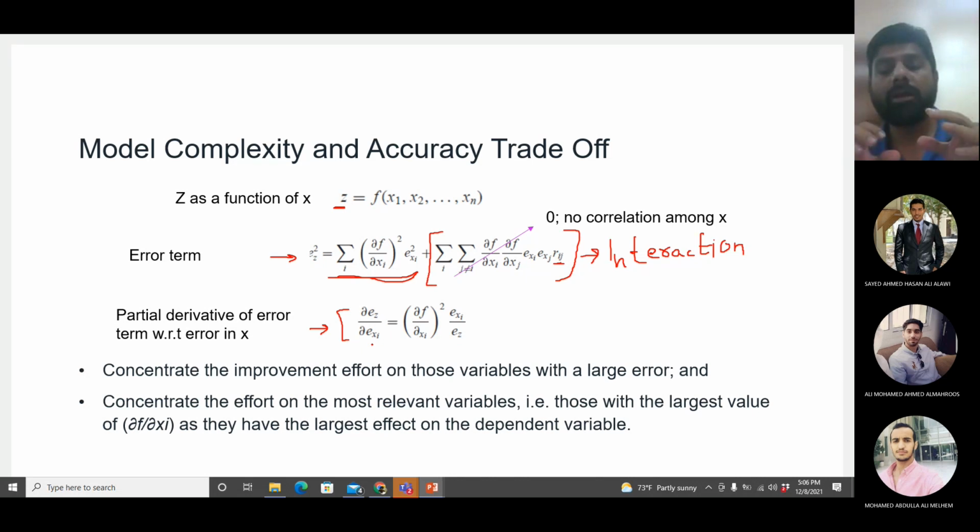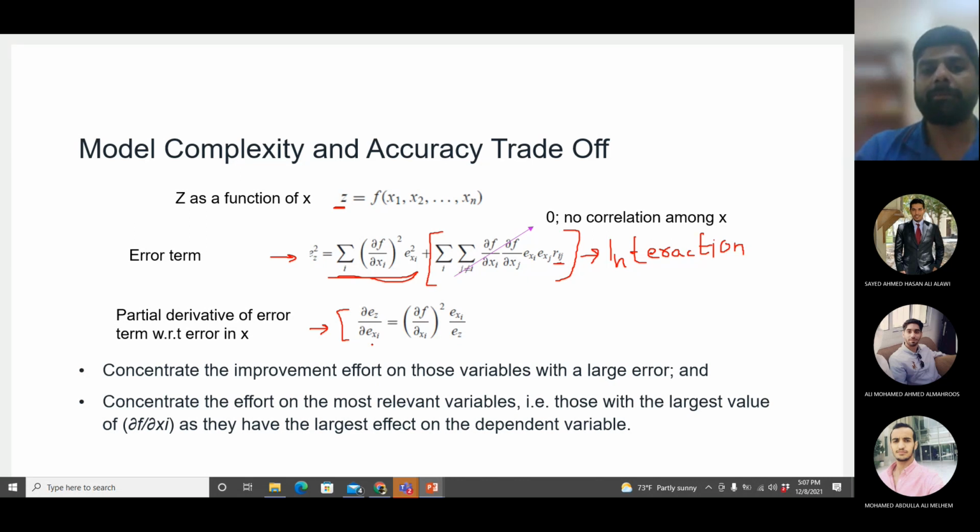So when you are trying to minimize the error, obviously we cannot make all the errors zero. All the errors cannot be made zero. There will be some variables on which you can focus more and some variables on which you have to relax. So which variables should you focus on? A couple of rules are given here.